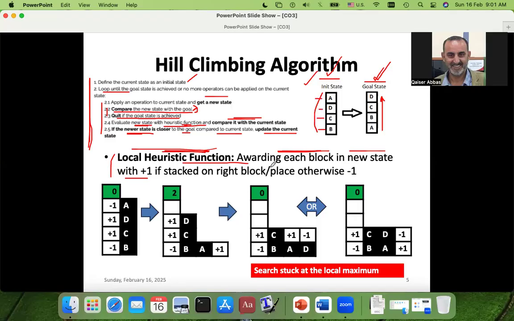After performing one operation, if each block is in a proper position, stacked on a right block, then you award +1. And if something is wrong, you award -1. You will understand through this example. Here, this initial state, ADCB. So we have ADCB here.